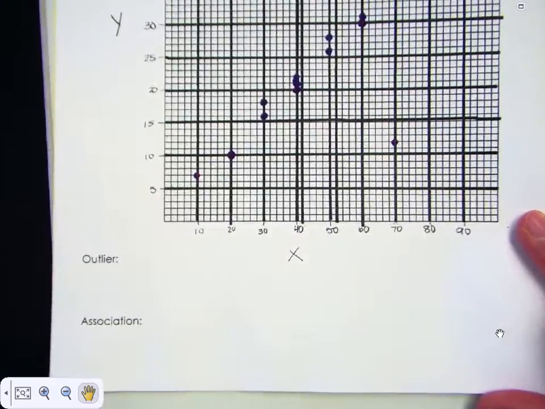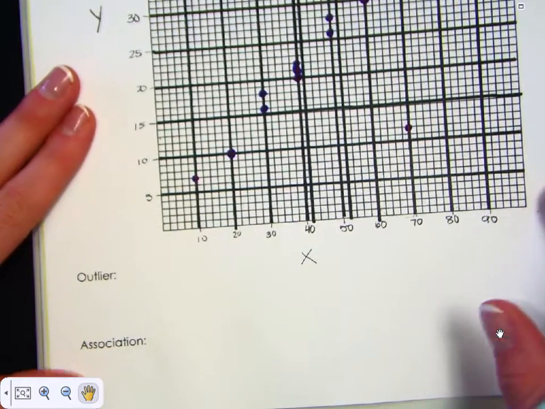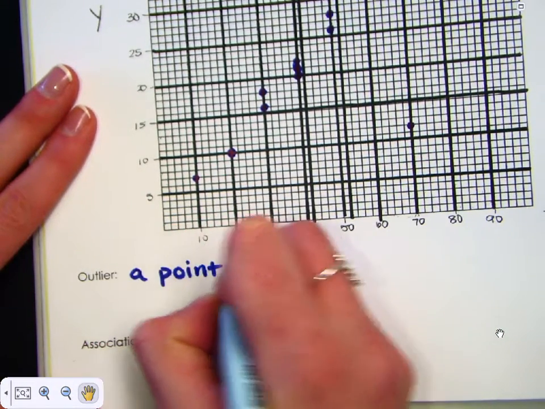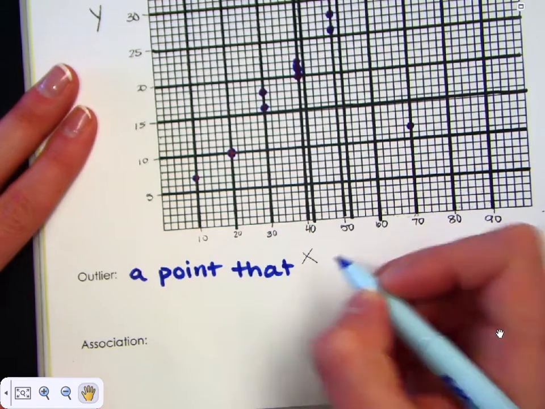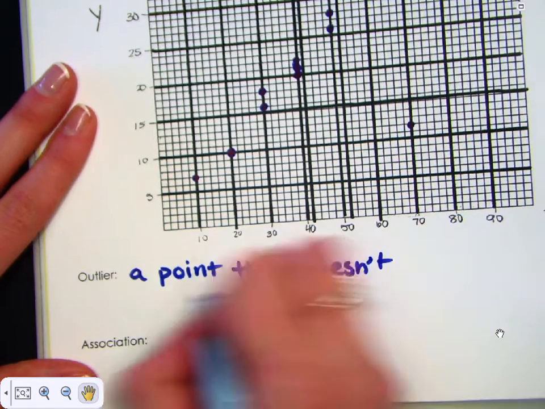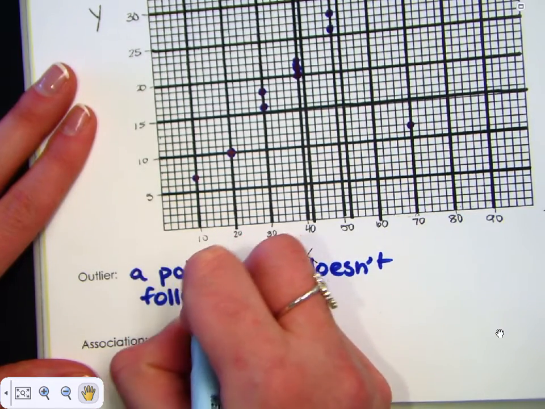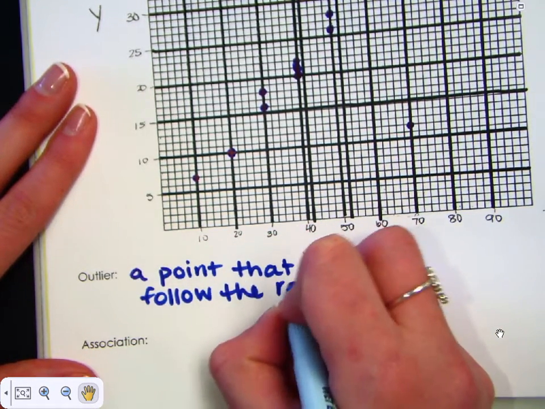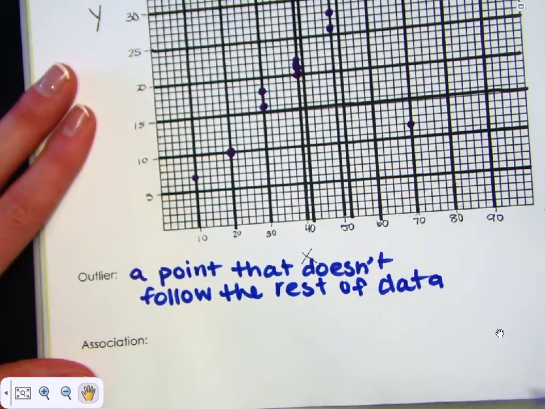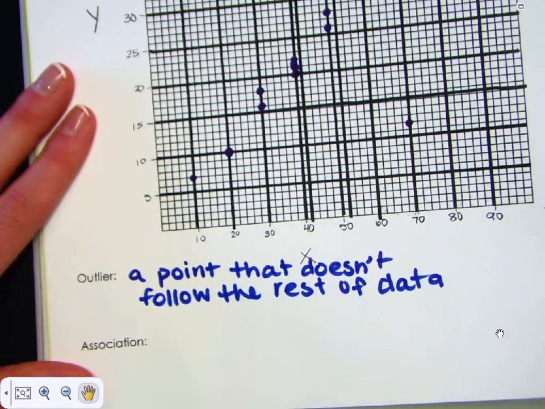An outlier is a point that doesn't follow the rest of the data. It's far away from the rest of the data. It can either be higher or lower than the rest of the data.